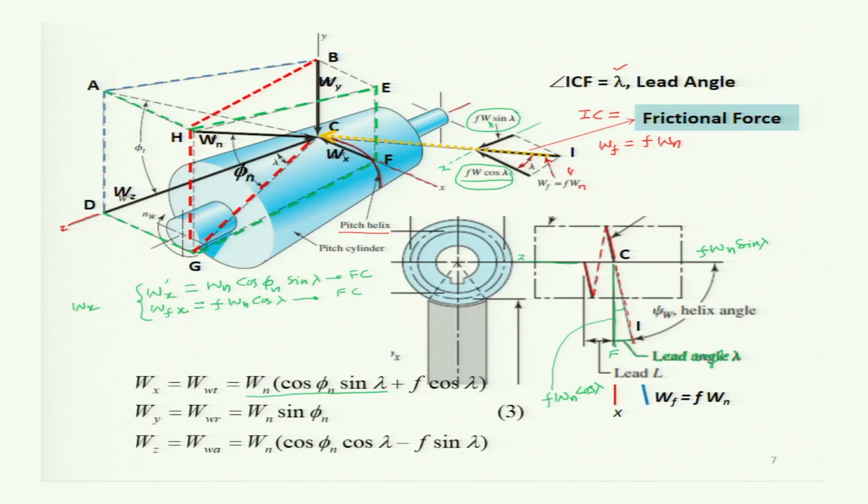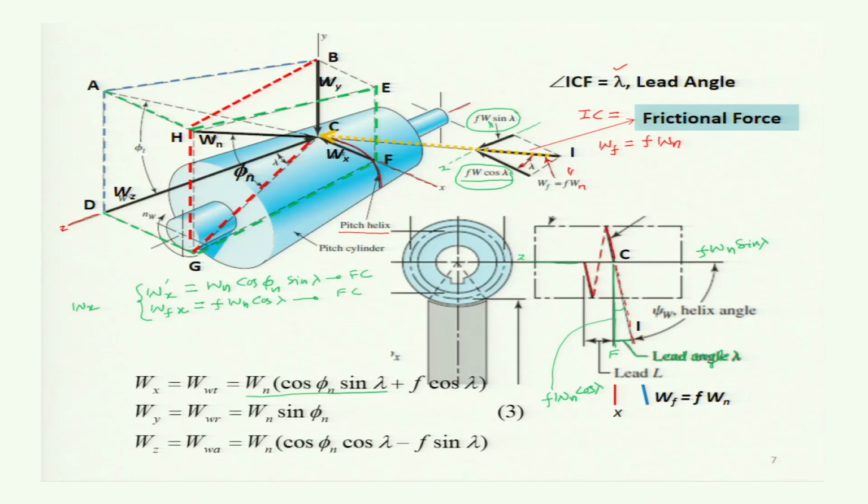Now let's take the force acting in the direction of z, that means the axial direction, because along the axial direction a frictional force component is there. Let's see what was the direction of Wz without considering the friction.